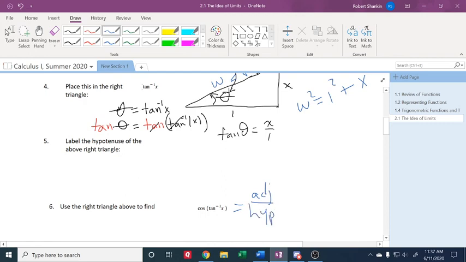The adjacent is 1, and the hypotenuse we just figured out, the square root of 1 plus x squared.